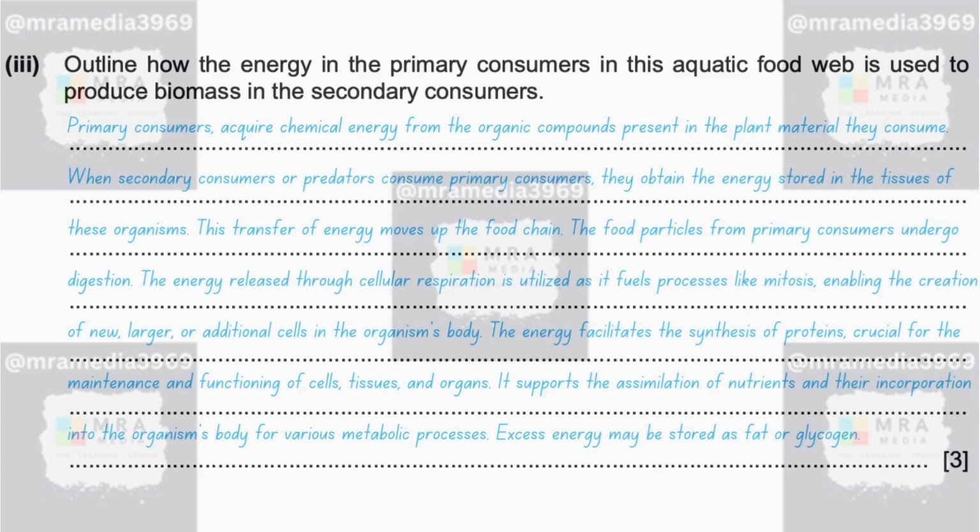The energy facilitates the synthesis of proteins, crucial for the maintenance and functioning of cells, tissues, and organs. It supports the assimilation of nutrients and their incorporation into the organism's body for various metabolic processes. Excess energy may be stored as fat or glycogen for future energy requirements.